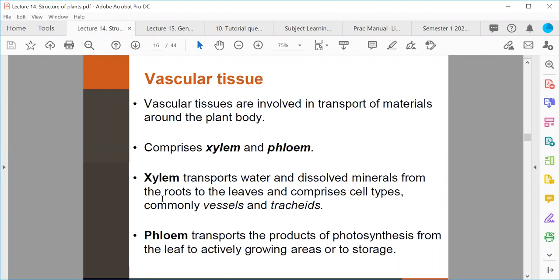While the xylem transports water and minerals always from the soil solution upwards through the plant, the phloem transports carbohydrates in all directions: upwards, down, and also laterally. All right, so let's concentrate on the xylem for now.